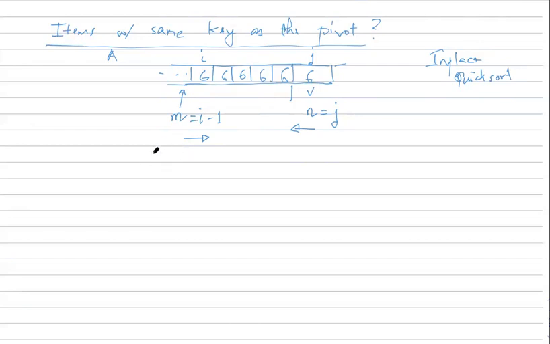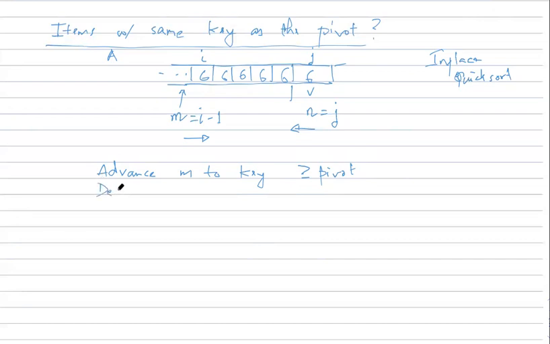So what's going to happen is that we want to advance M to the key that is greater than or equal to pivot. And this is the question that we are trying to explore, that why is it not greater than, and instead it is greater than or equal to.